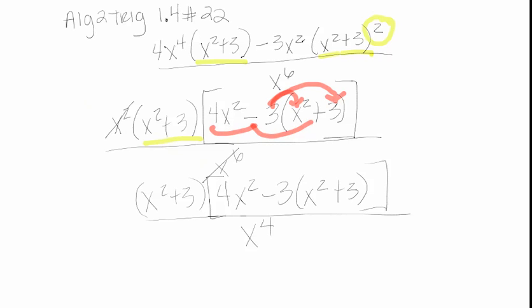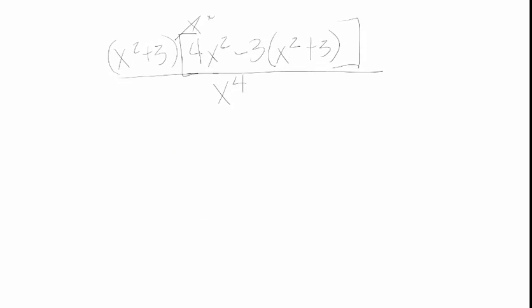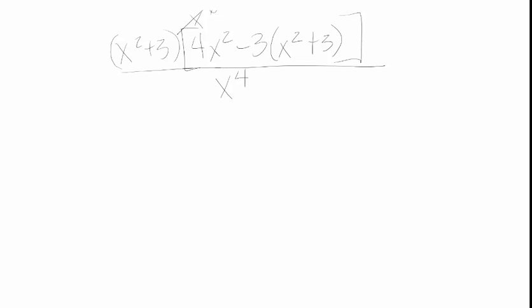So let's take this right here and move over to our next page so I have more room to write. But we're going to go ahead and do that distributive property there. So we keep the stuff we're not messing with. Go ahead and rewrite this. And then 3 times x squared is 3x squared.